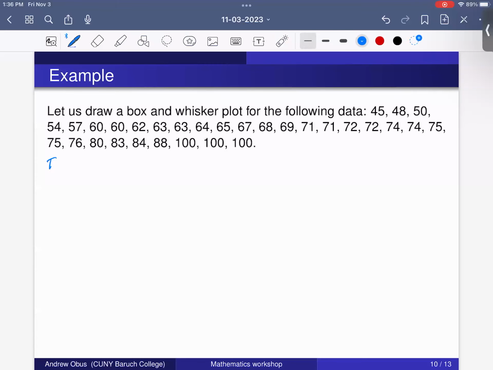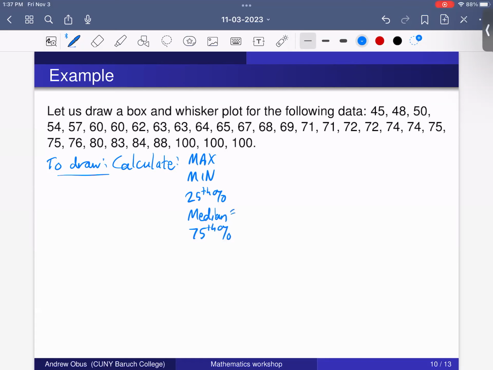To draw it, you need to calculate 5 data points: the max, the min, the 25th percentile, the median, and the 75th percentile. And remember the median is the same thing as the 50th percentile.